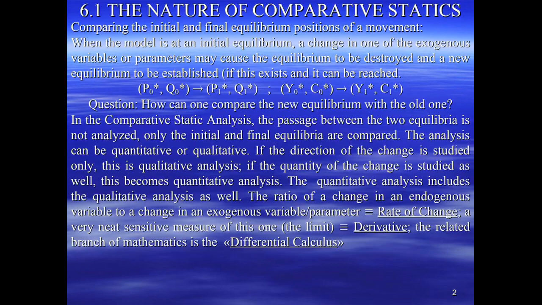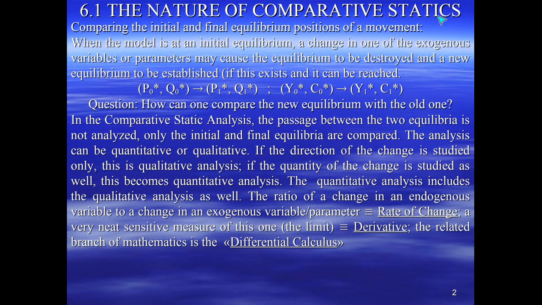As the name indicates, we will be comparing two equilibrium situations, two equilibrium positions, the initial equilibrium and the final equilibrium. So the first subtitle is 6.1, the nature of comparative statics. Statics, because we don't make a dynamic analysis, because we don't study the passage from one equilibrium to the other, but compare the two static equilibrium positions.